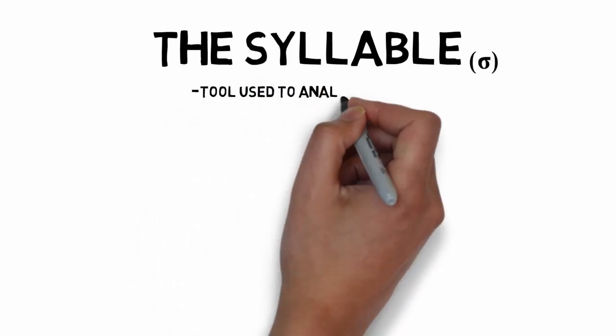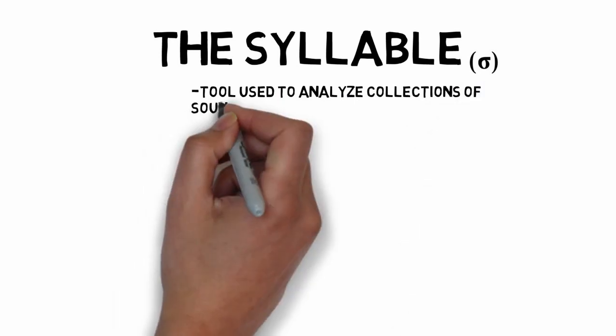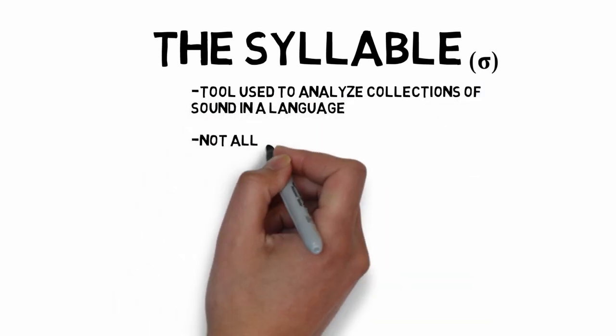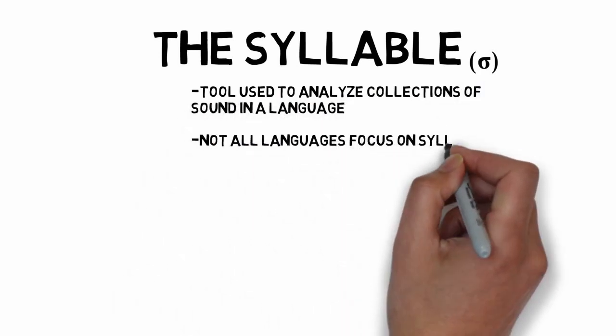A syllable is something that lots of people intuitively use and know in English, but when asked what it actually is, they fail to produce a definition that is cohesive, let alone useful. In linguistics, we have defined a syllable as a unit of sound we use to analyze languages.